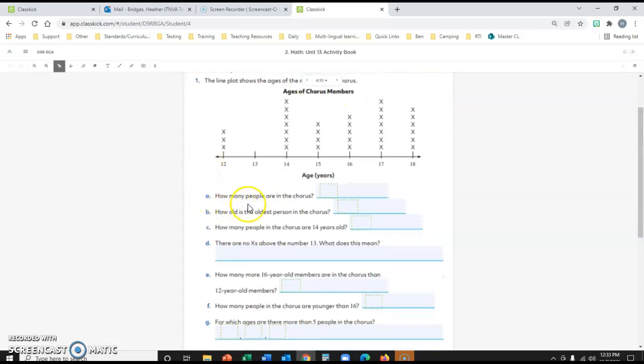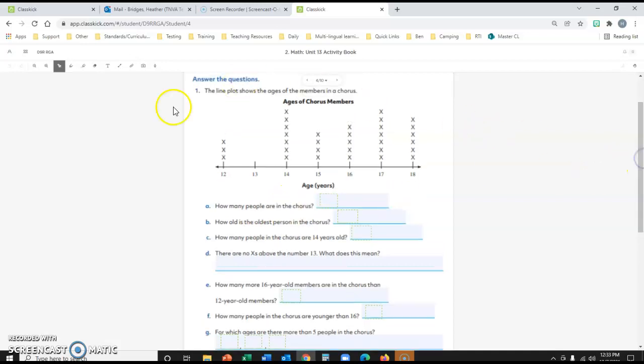A, how many people are in the chorus? So if we know that each one of these X's represents one person, then we need to add up all the X's that we see here. So I can see that there are 3 12-year-olds. There are no 13-year-olds.